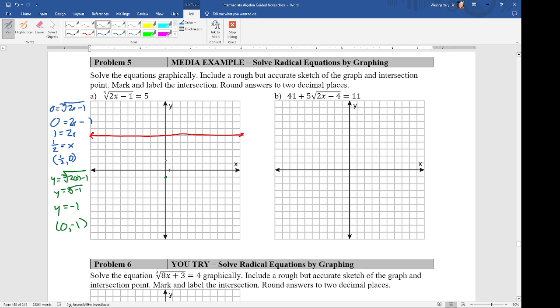Right here, it's going to look something like this. But you will have to use Desmos to find the solution, and the solution is x equal to 63.